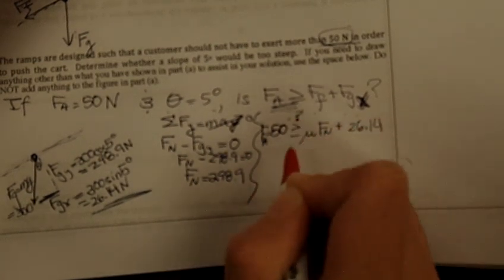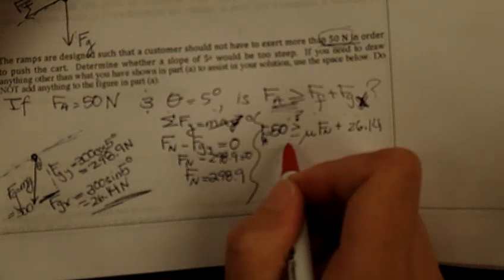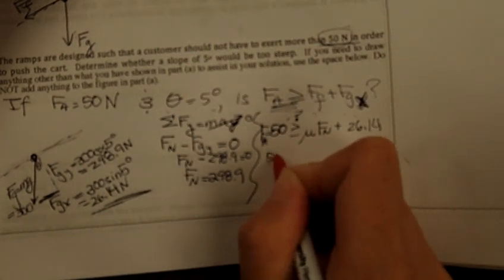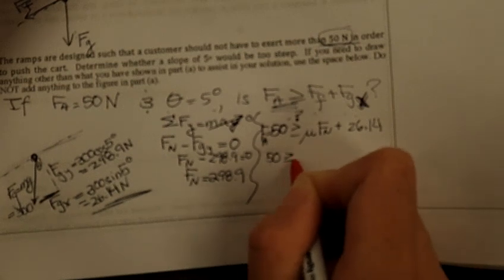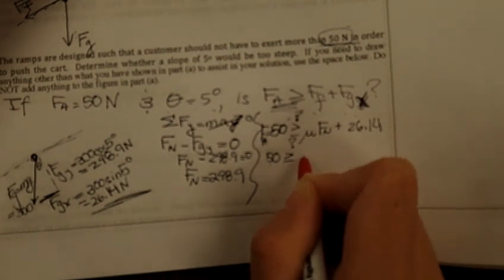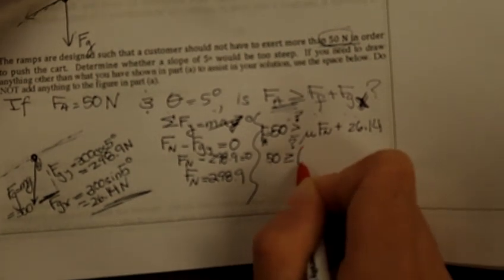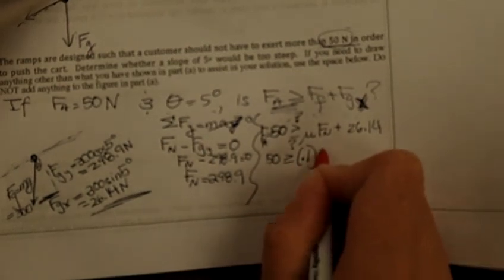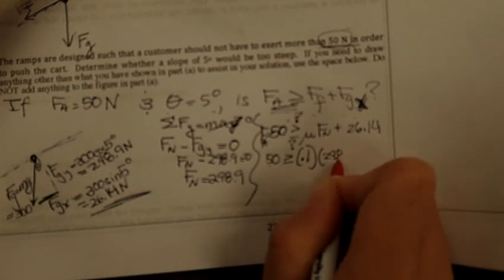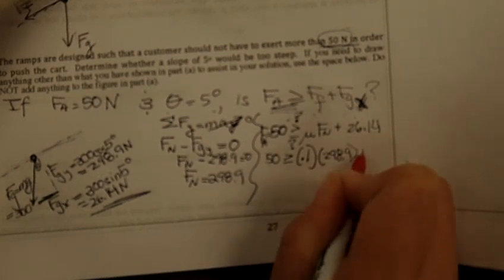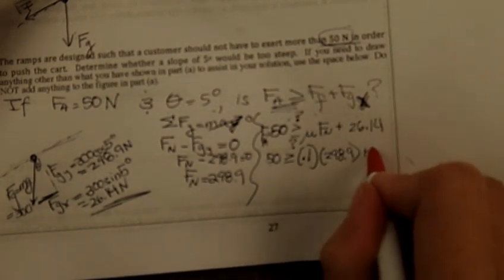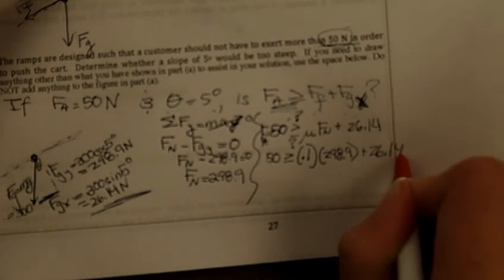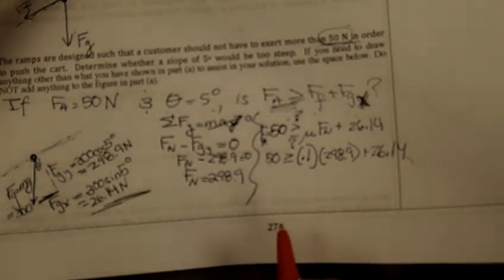Okay, so I'm writing greater than or equal to with a question mark above because we still need to plug the numbers in. Okay, so we have 50 might be greater than or equal to, we know that mu is 0.1, Fn is 298.9 plus 26.14. Okay.